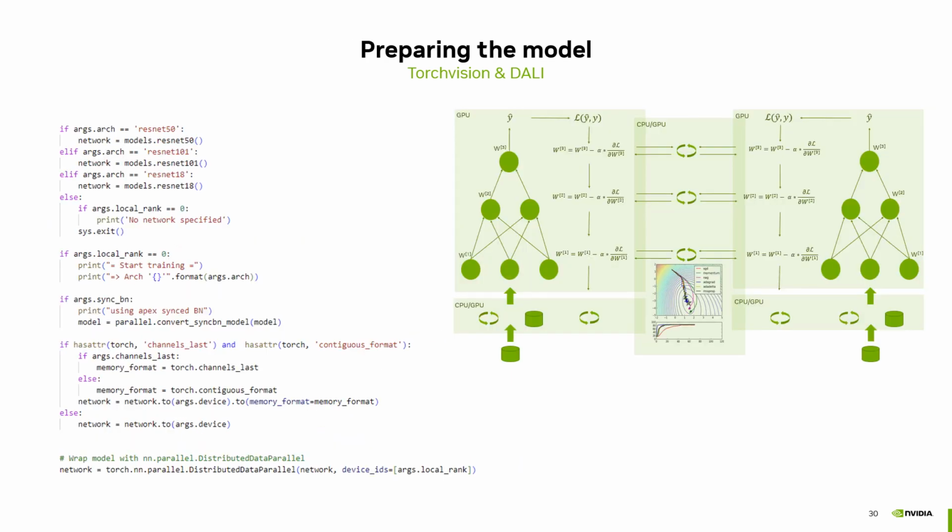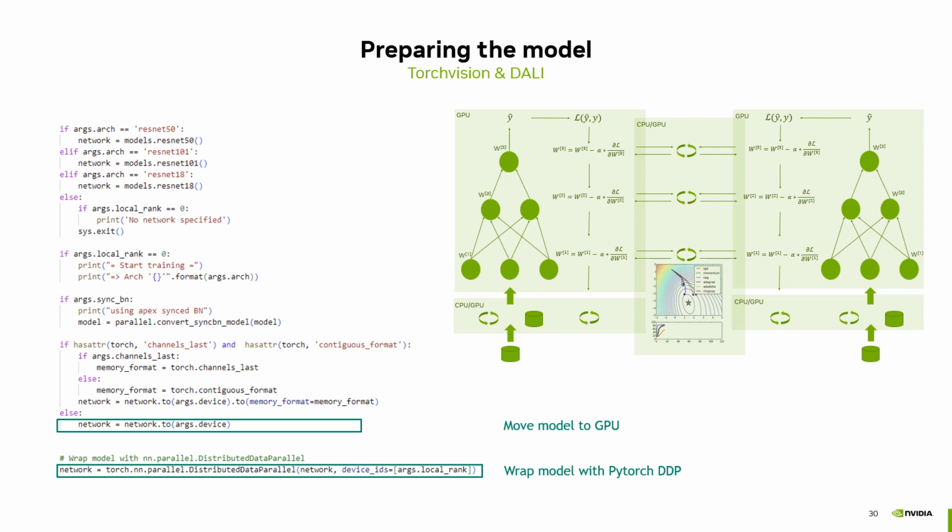Okay, so now that we've seen how to initialize the process, we also need to prepare the model, and it's quite simple. First, we need to move our network into the device that the process is linked to, as we saw in the previous slide. Once it's moved, we can just wrap it with this function from the torch parallel library.